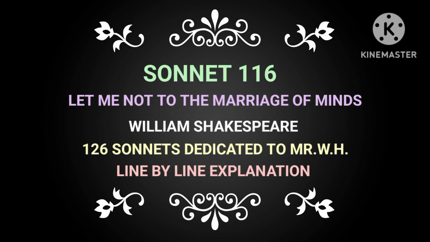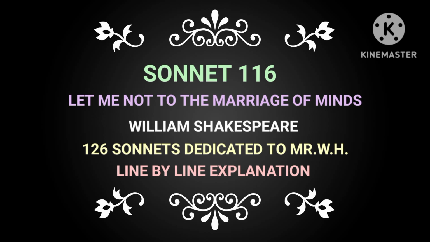Rhythm is measured in feet, and because there are 5 feet in every line, it is called pentameter. Penta means 5, and iambic is the name of this foot. It is based on the arrangement of stressed and unstressed syllables. Sonnet 116 is composed in iambic pentameter.